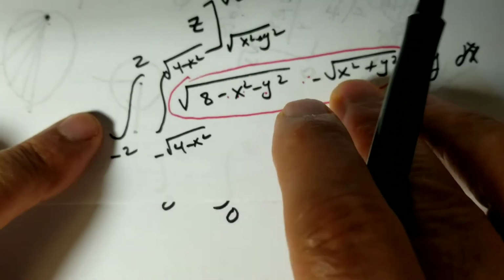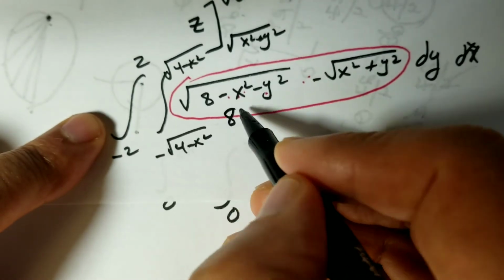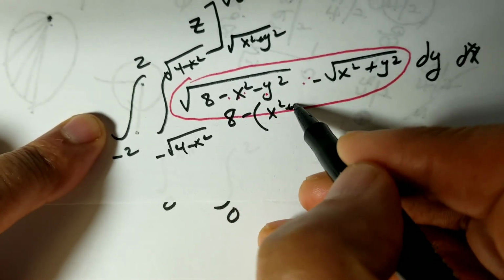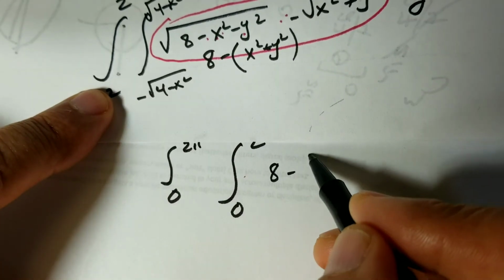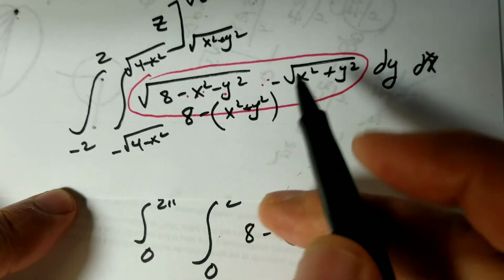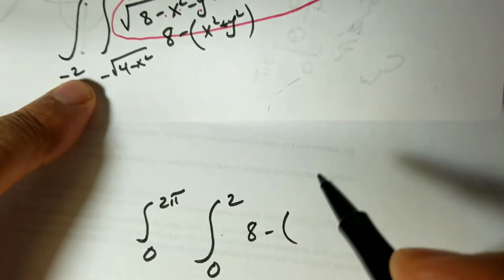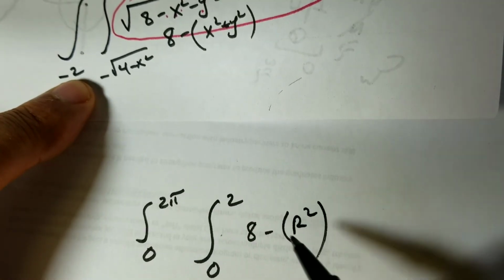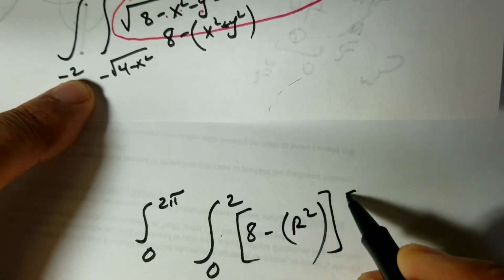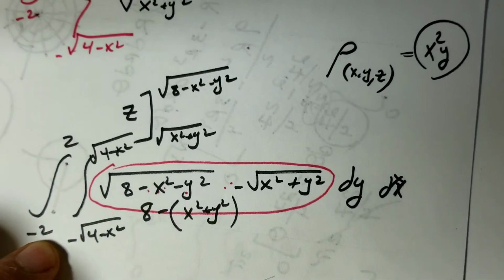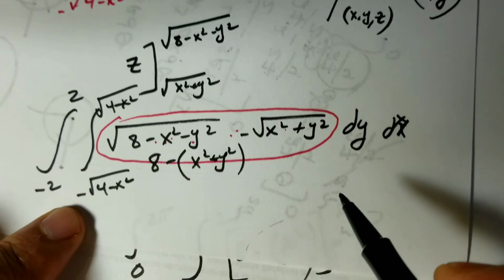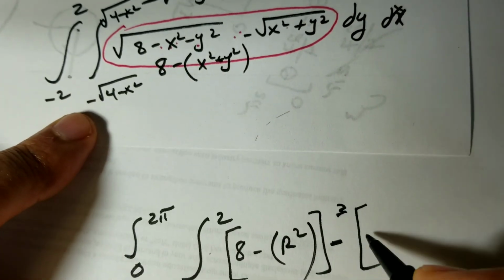And in this problem, I factor it: 8 minus x squared plus y squared, and x squared plus y squared is r squared. Minus that one, the square root of x squared plus y squared, which is the square root of r squared.